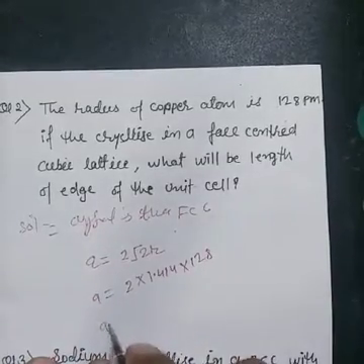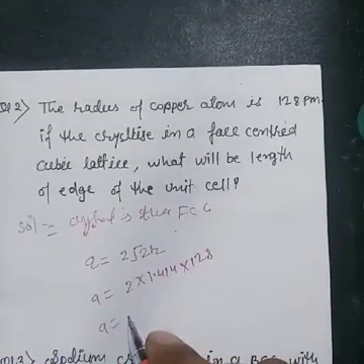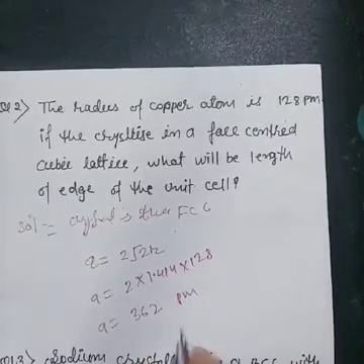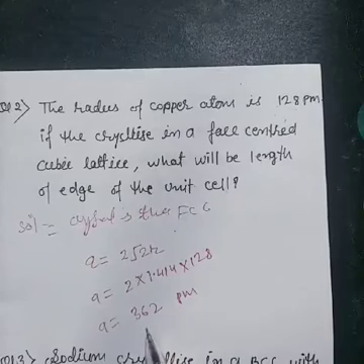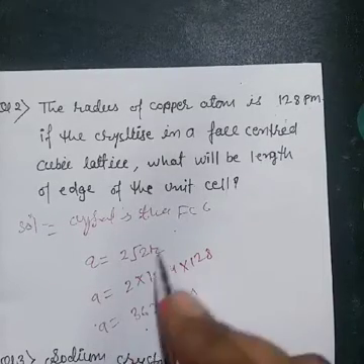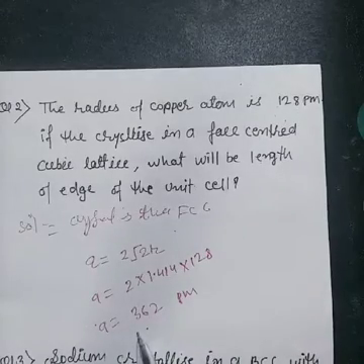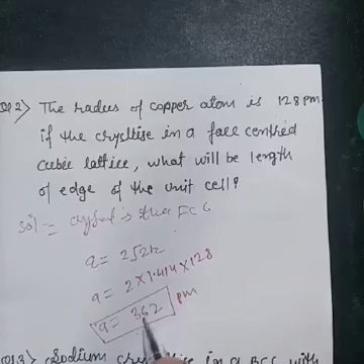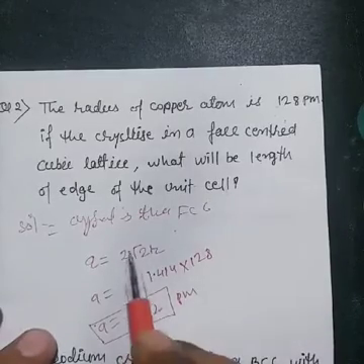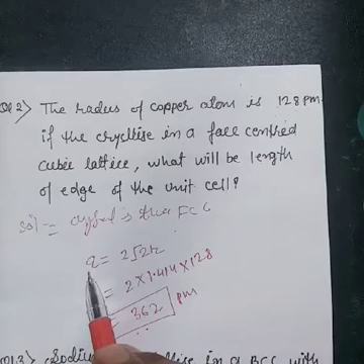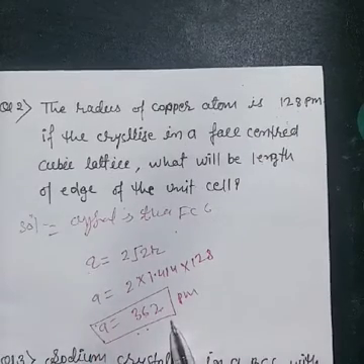Now finally what do we get? 362 pm. I have already calculated all the equations, so the value is 362. If you know the formula of radius or edge length, it is very simple.